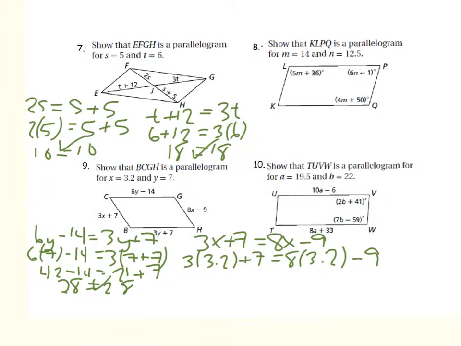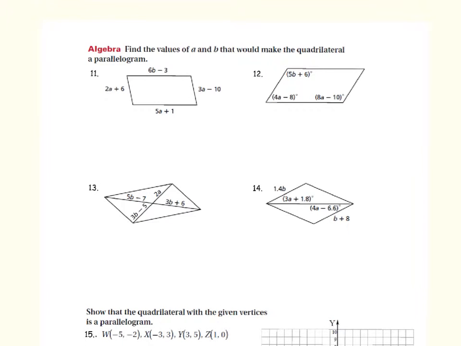So 3 times 3.2 is 9.6 plus 7, and 8 times 3.2 is 25.6 minus 9, and I get 16.6 and 16.6. They do verify and match. So I am showing the work to verify that these are parallelograms because they do equal each other.